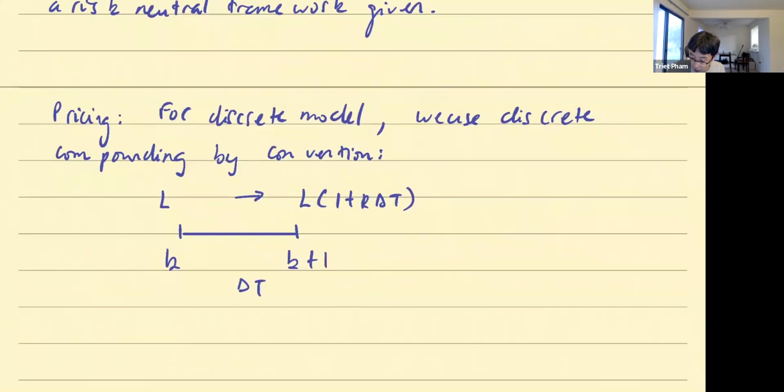And of course, if I end up with L, then I must start with L over (1 plus R times delta t), so the discount factor is like that. And maybe let me do R sub k, little r. Is that okay?